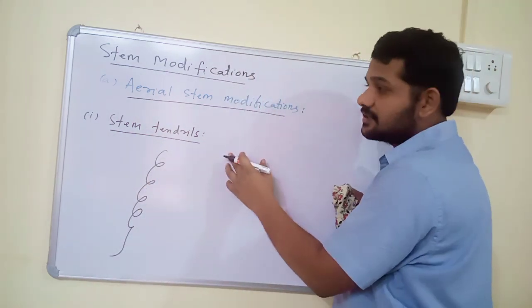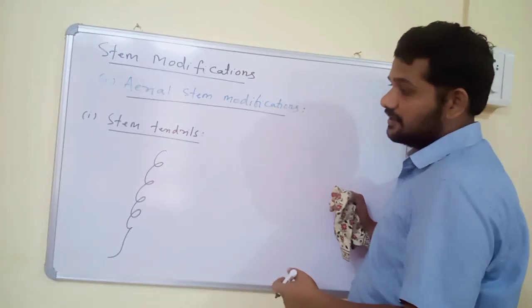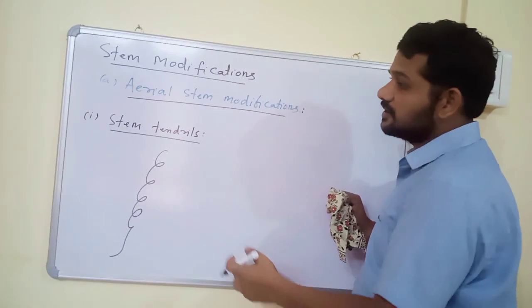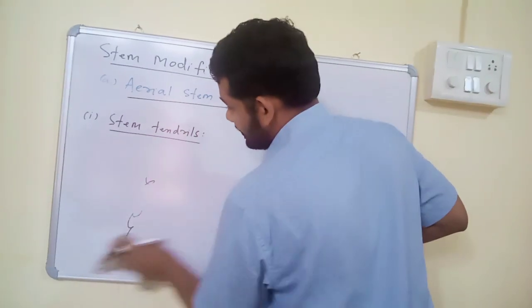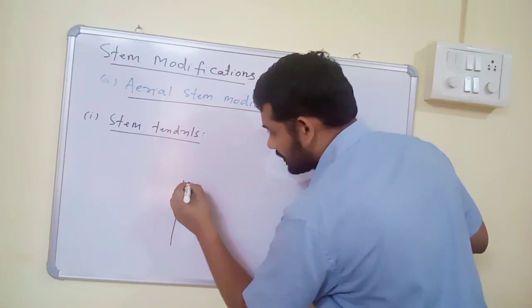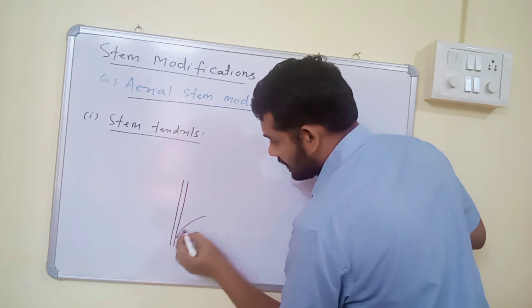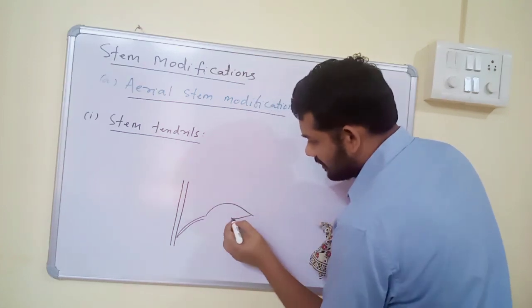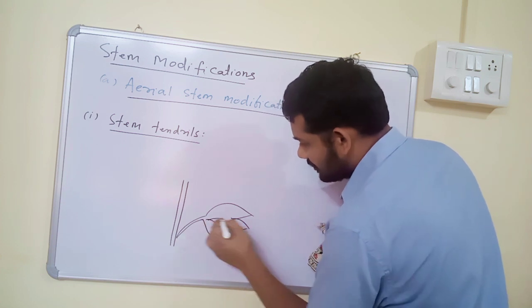In some plants, either the axillary bud or the terminal bud is modified into tendrils, and they are called stem tendrils. For example, in the case of Passiflora and mustard, the axillary bud is modified into a tendril.